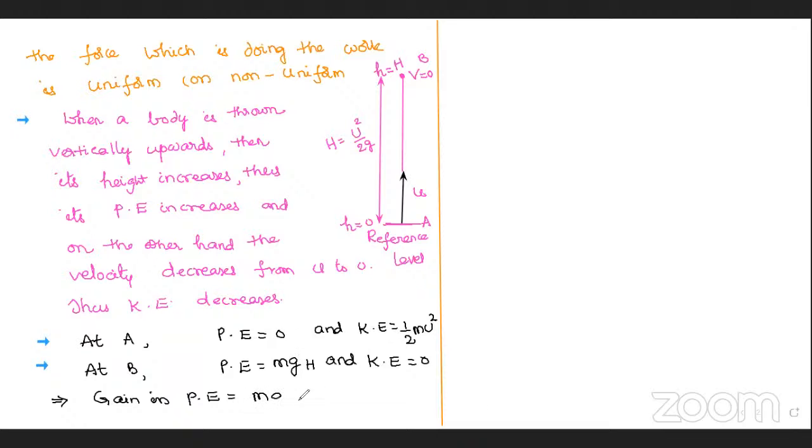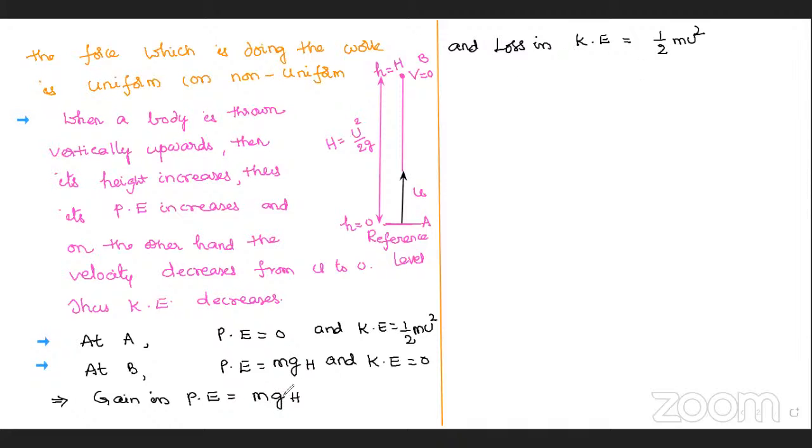So this is mgH. And loss in kinetic energy is from half mu square to 0, decrease. That's why loss is half mu square. Don't write minus, Nana. Already I wrote, instead of minus, it is loss.